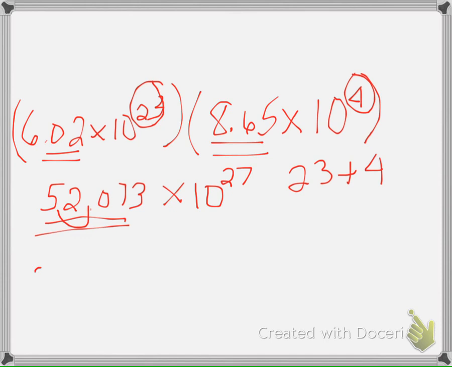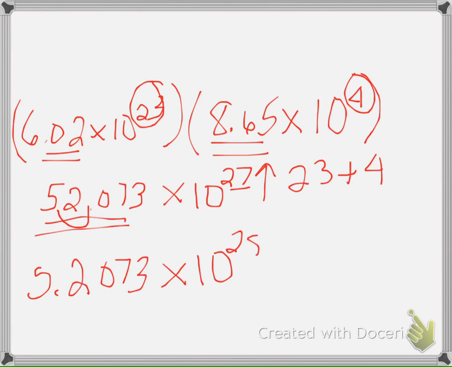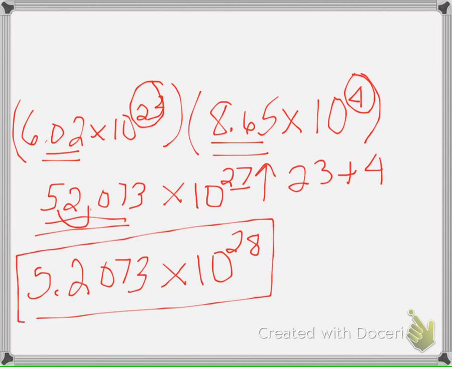And when we do that, we get 5.2073 times 10 to the, and we had to move our decimal to the left, so that increases the exponent by 1, because we only moved our decimal 1, 28. Okay? So there is our final answer when we do this problem. And that's multiplying scientific notation.